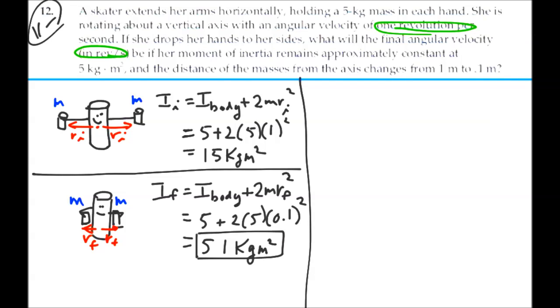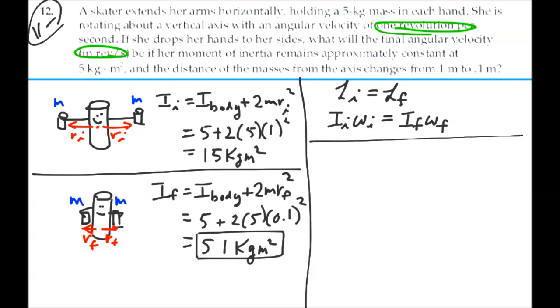Well, since the torque is radial, there's going to be no net torque on the system, and hence angular momentum will be conserved. So we'll have that the initial angular momentum will equal the final angular momentum, and that means that the initial moment of inertia times the initial angular velocity will equal the final moment of inertia times the final angular velocity.